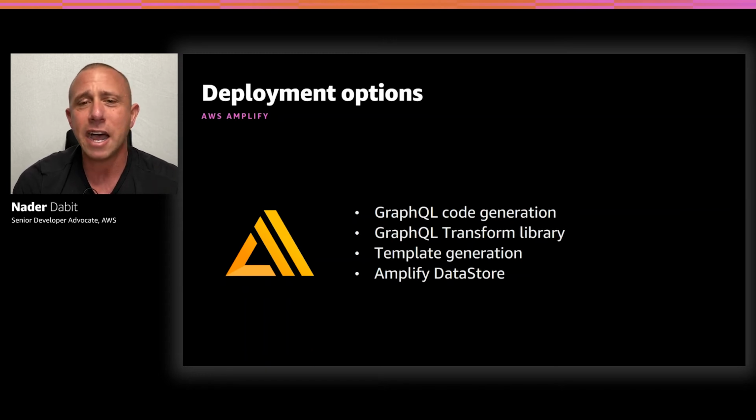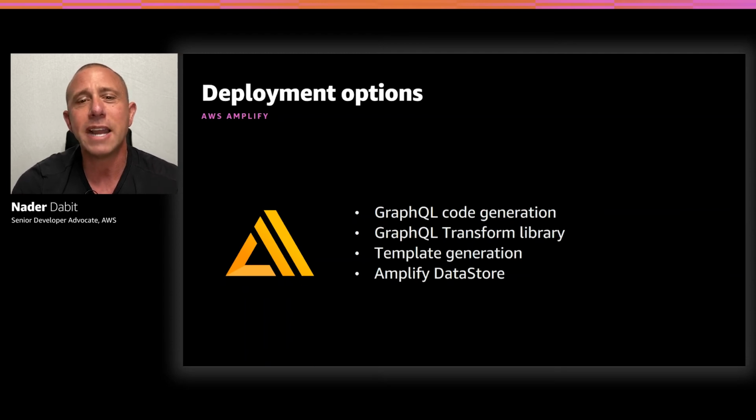And then finally, the biggest differentiator, I think, is Amplify DataStore. So Amplify DataStore is a combination of service layer as well as client layer offline functionality. So using DataStore, you have a new programming model where you're not even using GraphQL locally.